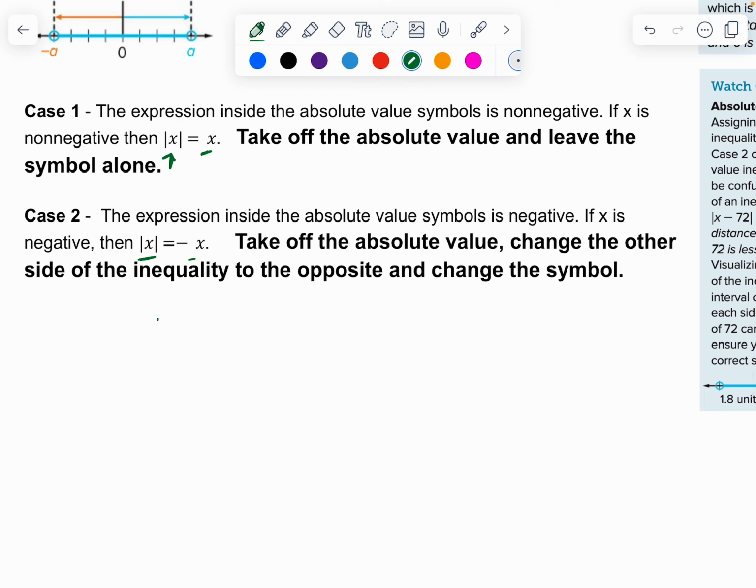So if I had the absolute value of x is less than 12, I would write x is less than 12 and x is greater than negative 12.